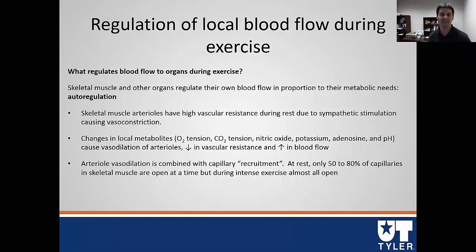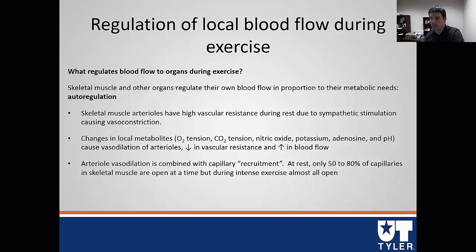So here is what is, I think, a really cool idea in physiology. It's not really well explained, but we know what happens. Blood flow to organs is regulated by the sympathetic nervous system. So an increase in epinephrine and norepinephrine will cause constriction.